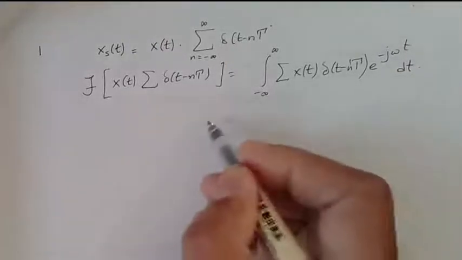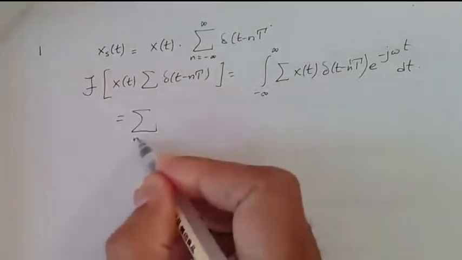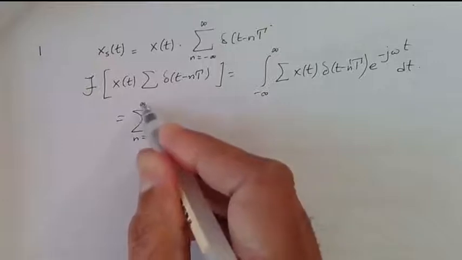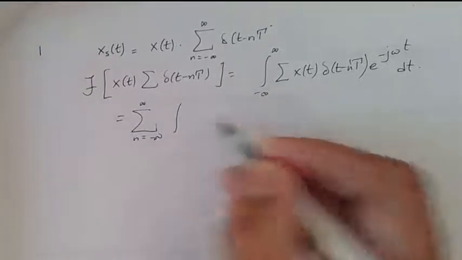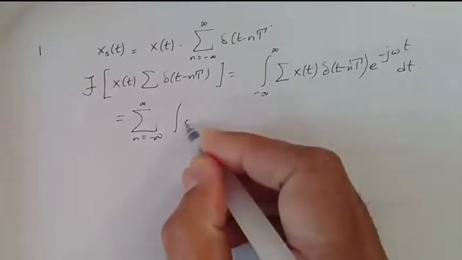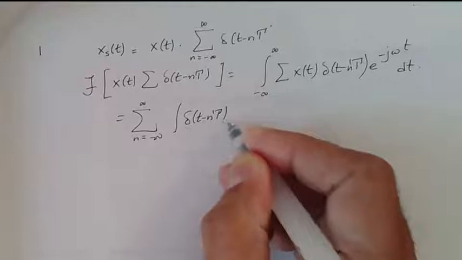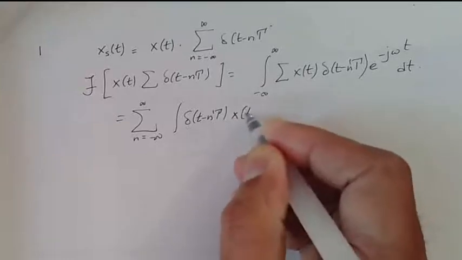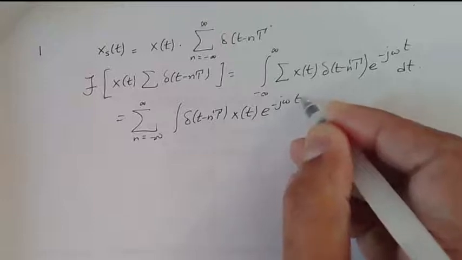Or we could take the summation outside, and so we get the summation n equals minus infinity to infinity of the integral of, let's put the delta here, and the rest is x of t e to the minus j omega t dt.